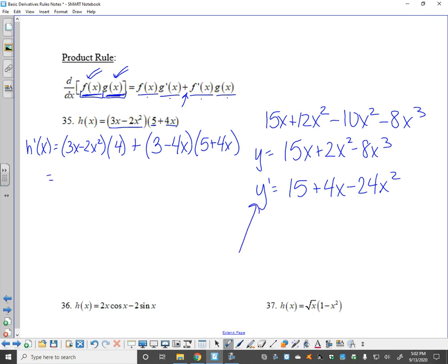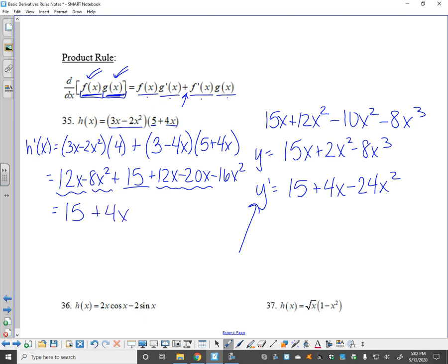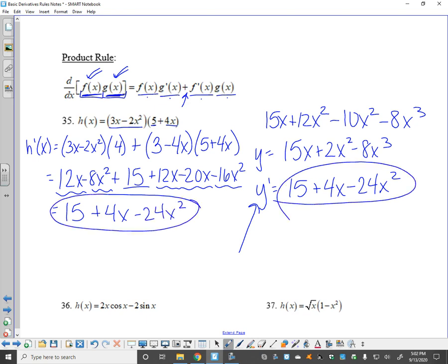So I'm still going. I'm going to multiply the 4, and I'm going to lobster this out. And then I'm going to clean. There's a 15. There's an x and an x and an x. 24 minus 20, that's a 4. And a negative 8 and a negative 16 is a negative 24x squared. Looky there. Get the same thing.